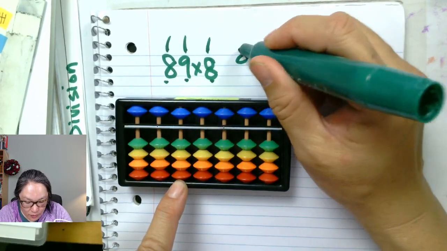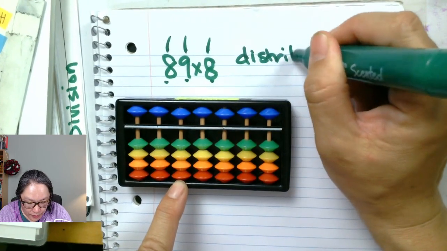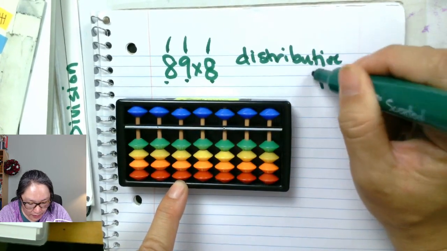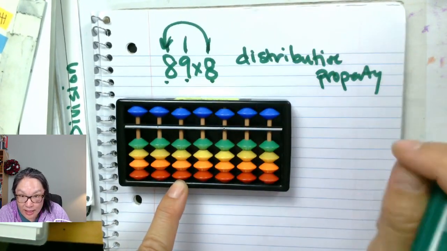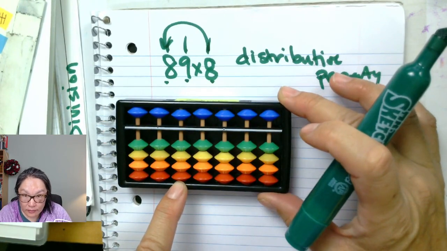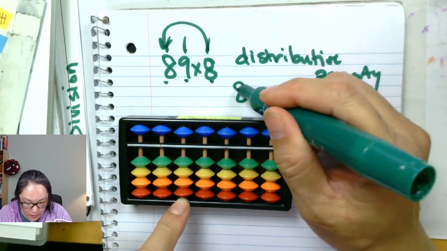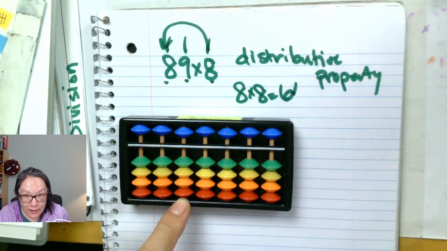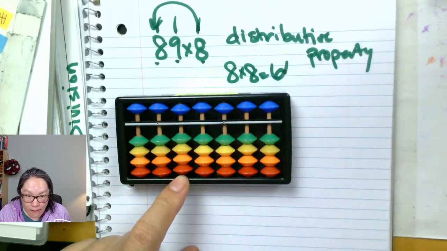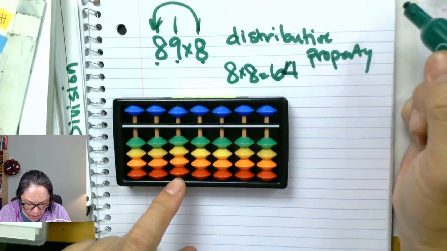So again, this is what we call the distributive property. What we're going to do is 8 times 8. 8 times 8 is equal to what? 64. Thank you.